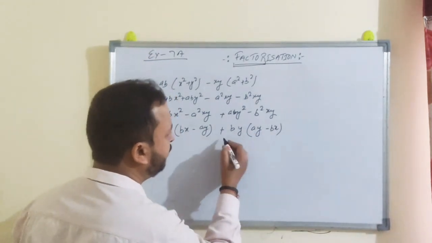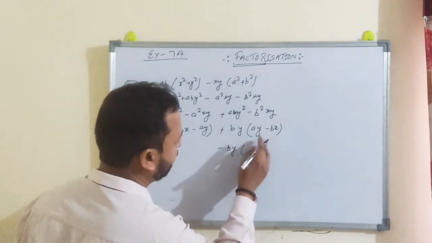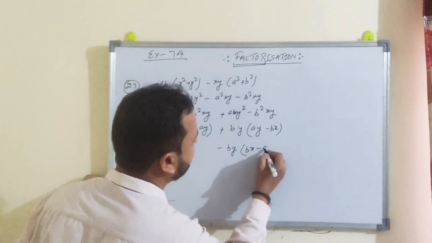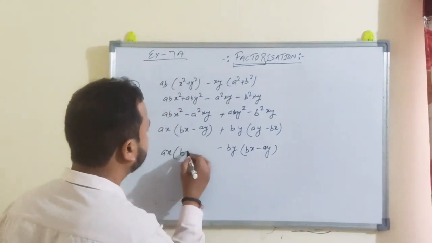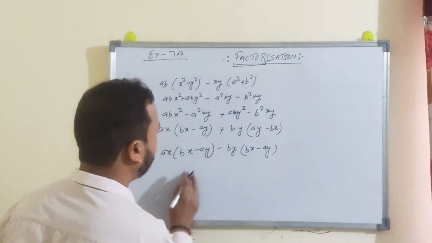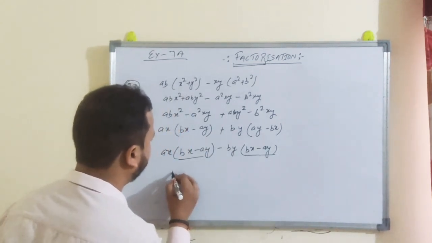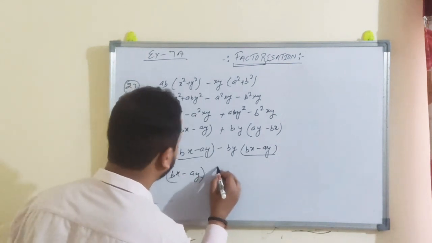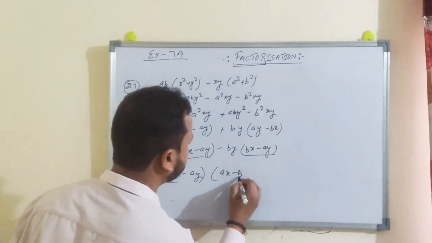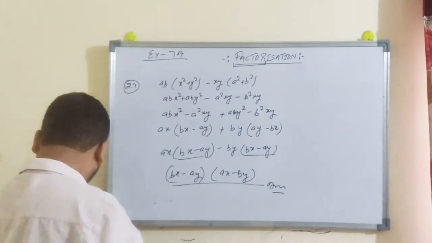If you take minus 1 common, you can write it as minus by, for this I am writing bx minus ay. And here you can write it as ax, bx minus ay. Now you can take bx minus ay common, and in another bracket ax minus by is left. This is your answer.